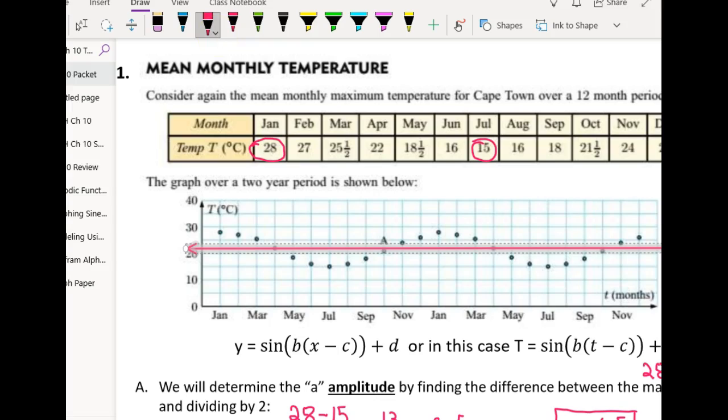Okay, so there's your midline, and then your graph should go about 6 up, and if you went below, it would be 6 down. That should fit our data.